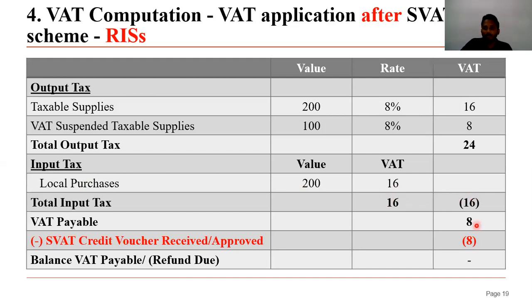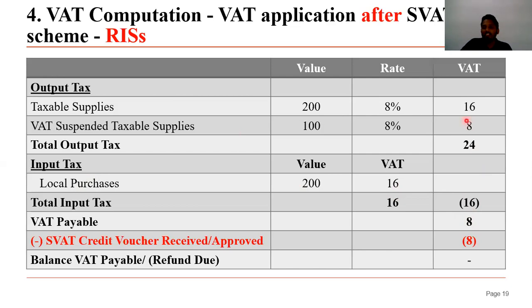And there is a balance payment. By netting off this output against input, you will end up with 8 million. You can see here that this 8 million relates to the suspended supply.